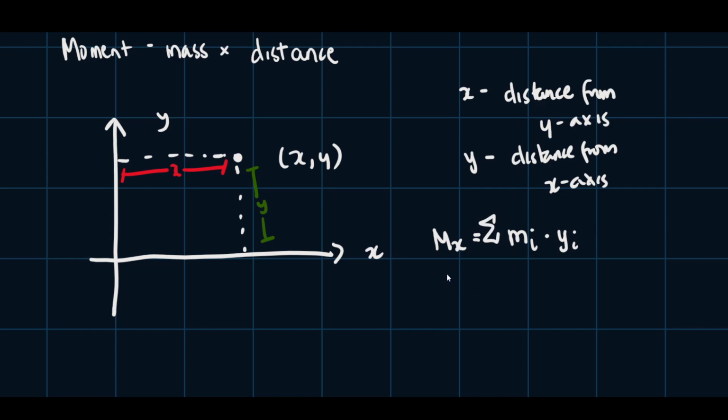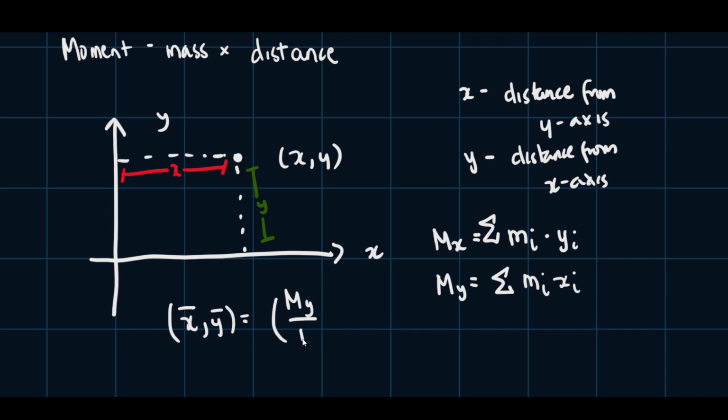And using the same argument, yung moment about the y-axis will be the sum of all products of the mass times the distance from the y-axis. Okay? So in turn, our center of mass will be denoted by x bar, y bar, or moment about the y-axis all over its total mass, moment about the x-axis all over its total mass.